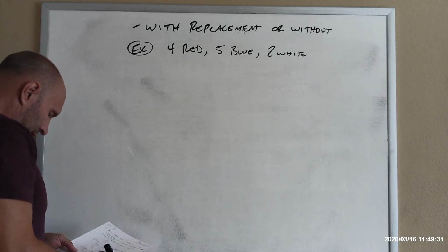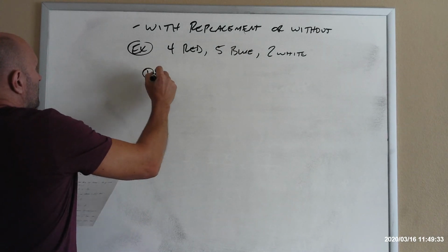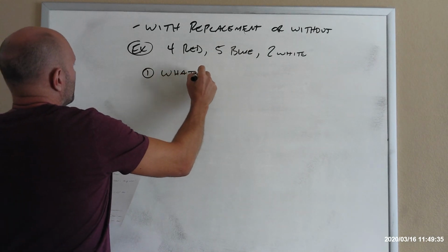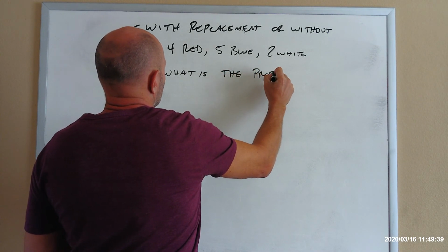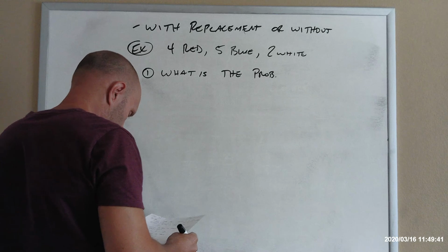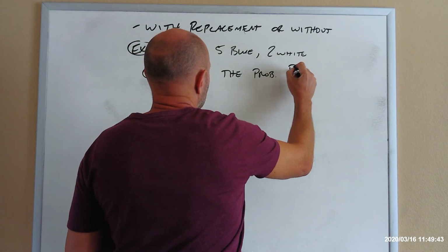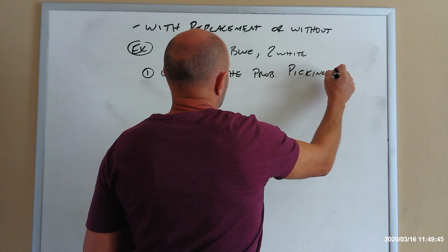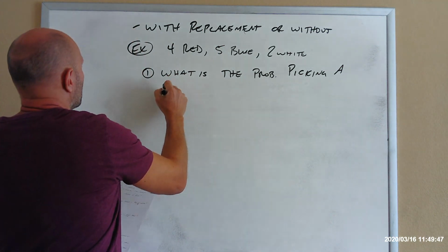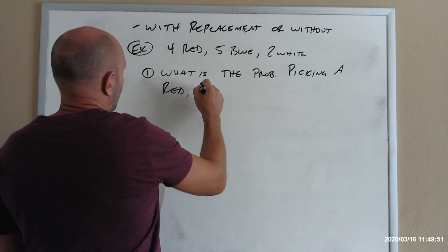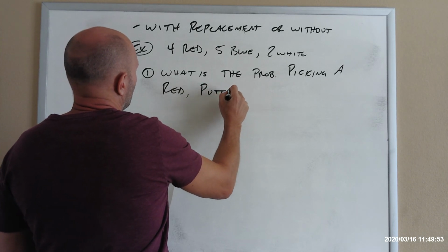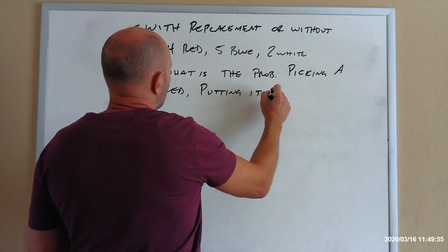So the first thing we want to look at is what is the probability of picking a red, putting it back. So this would be what? This would be with replacement.